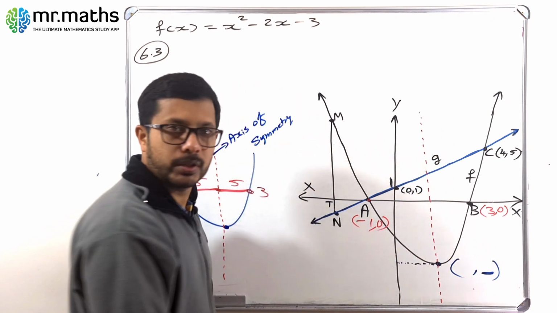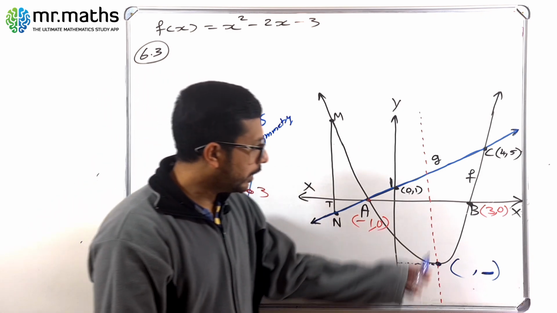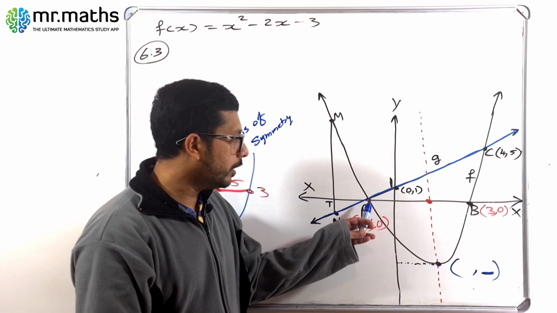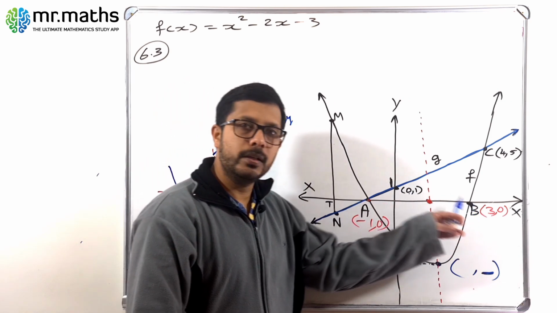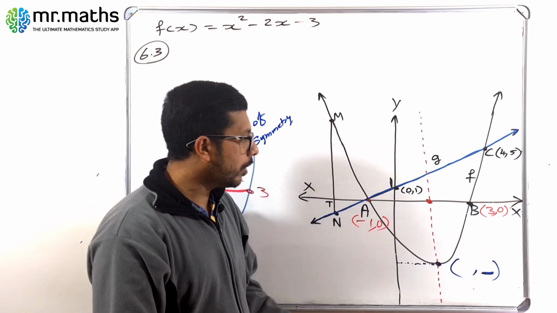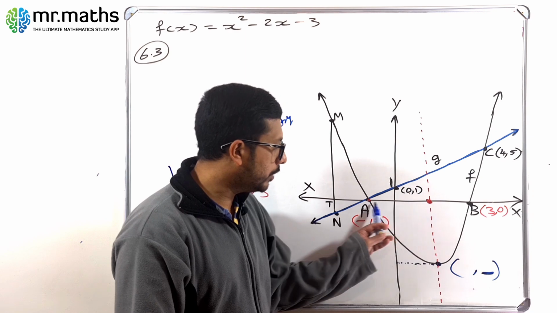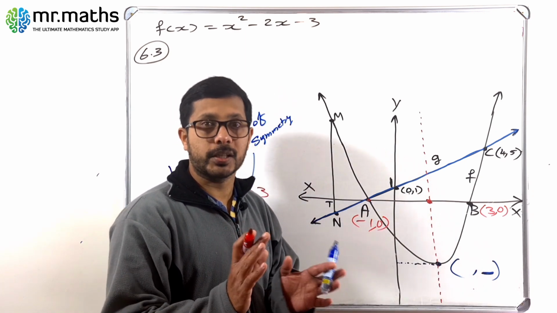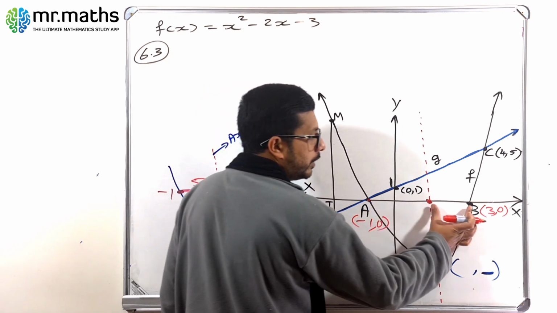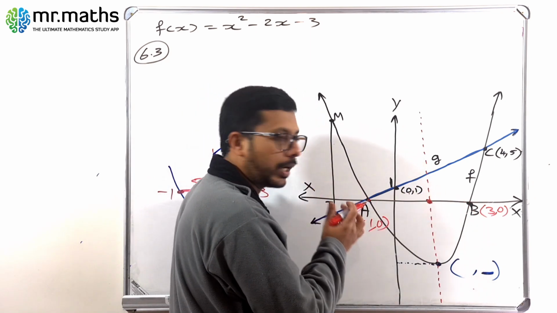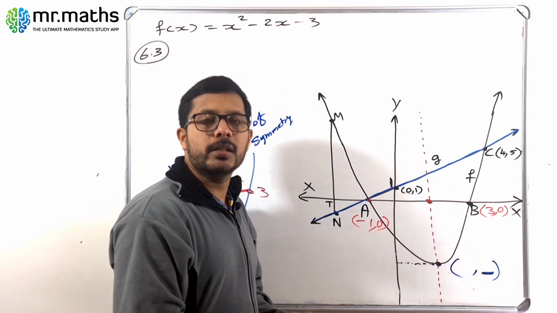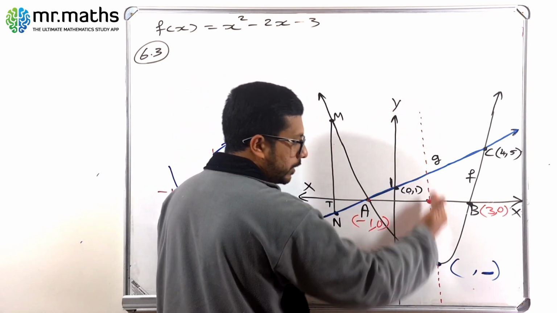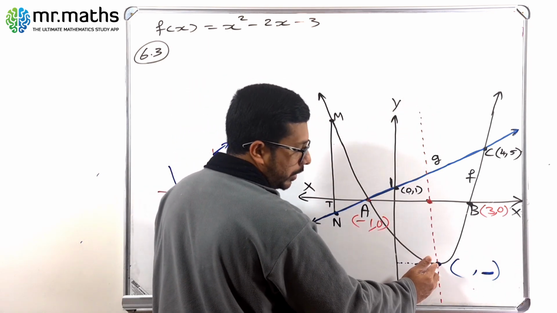This is the axis of symmetry, and this x value is the middle of this A and B. So how can you find the middle point of A and B, even though the graph doesn't look like that? You have to understand that this distance and this distance are the same. Our graph is not accurate, that's why it doesn't look like that. But try to understand that this axis of symmetry passes through the turning point.